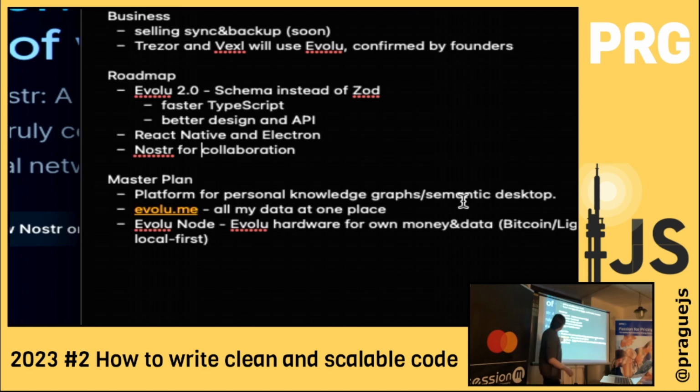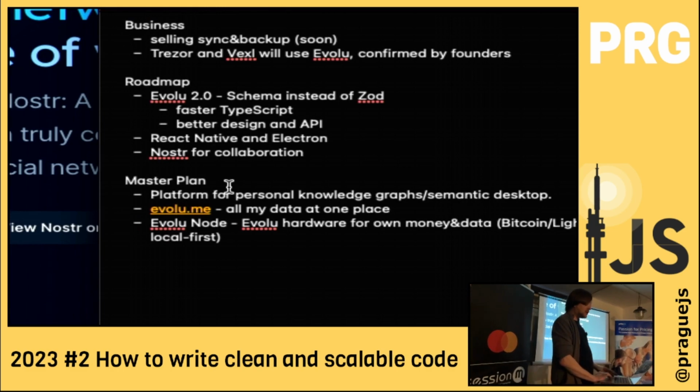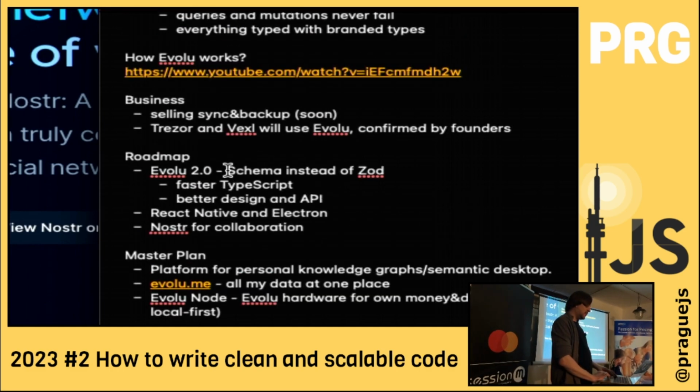I have evolu.dev, which is the open source thing. The business will be on evolu.io, and evolu.me will be something like Notion or Obsidian or Logseq or Apple Notes mixed together, but not closed source, it will be open source. But this is the master plan, a distant future.